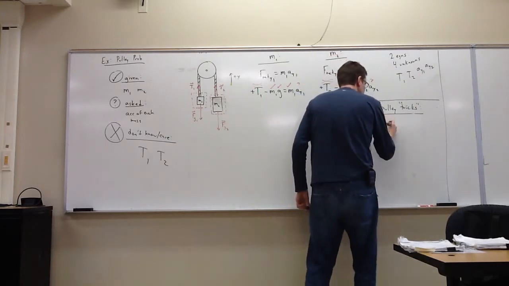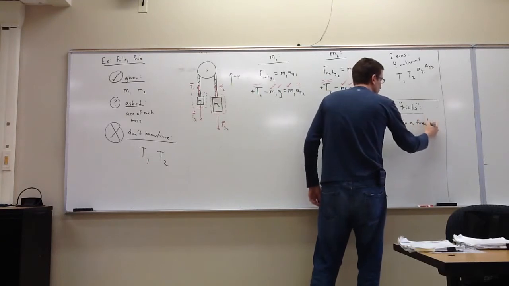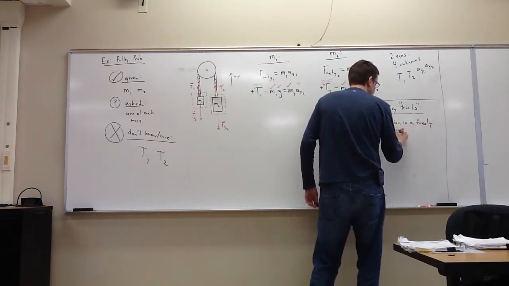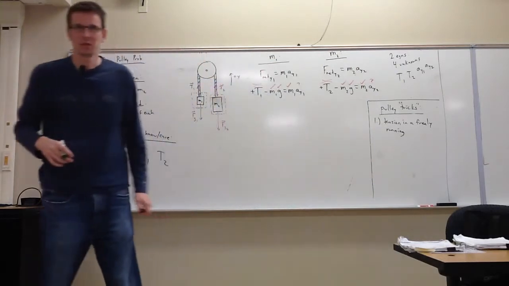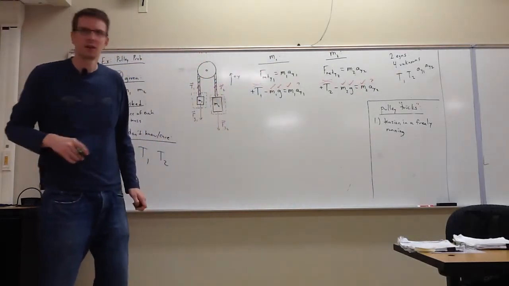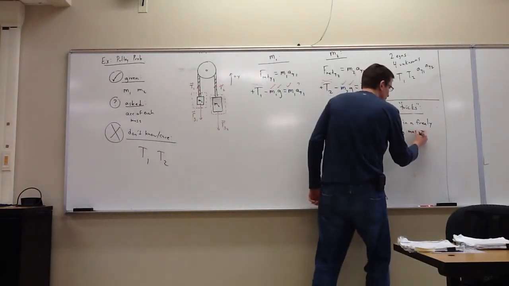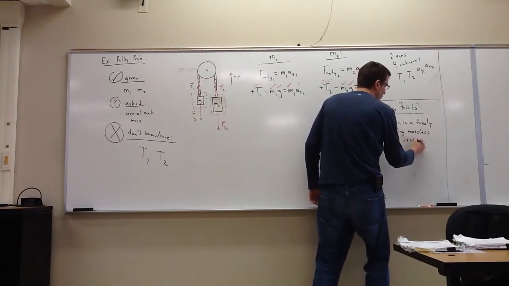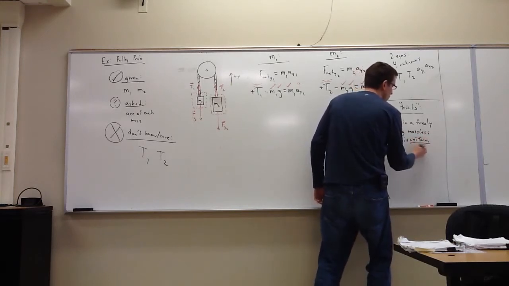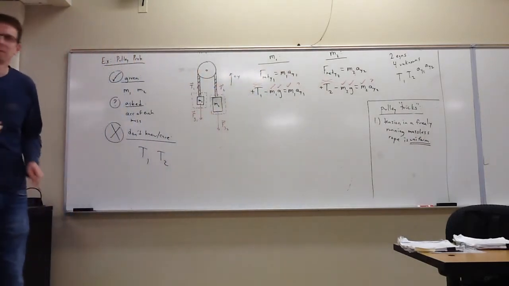The tension in a freely running, and I guess freely running is the opposite of being pinched, right? So it's not being pinched. Okay, so the tension in a freely running massless rope is uniform. So that's my first trick.